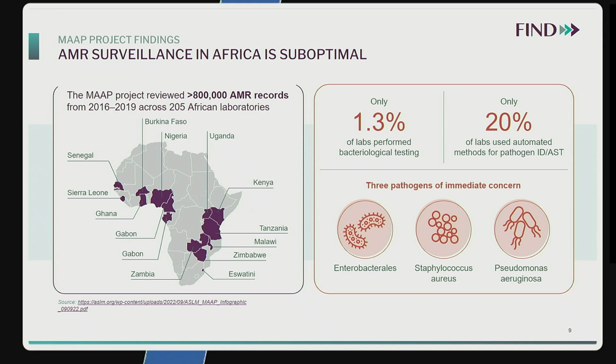There are a lot of takeaways from this report, but I think the main one is that only 1.3%, I say again, only 1.3% of those labs were performing bacteriological testing, and only 20% of those labs use automated methods for pathogen ID and AST, which is a real concern when we are talking about the importance of AMR today. 3 main pathogens were found in those settings as immediate concern: Enterobacteriaceae, Staphylococcus aureus, and Pseudomonas aeruginosa. Next, please.